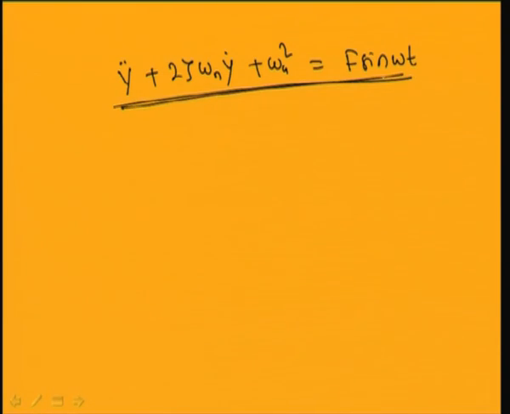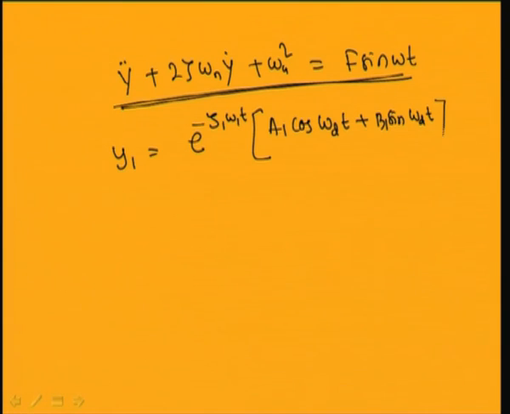It will reduce to y double dot plus 2 zeta omega n y dot plus omega n square y equal to f sin omega t. As it reduces to this form, you can write y1 equal to e to the power minus zeta 1 omega 1 t into a1 cos omega d1 t plus b1 sin omega d1 t.